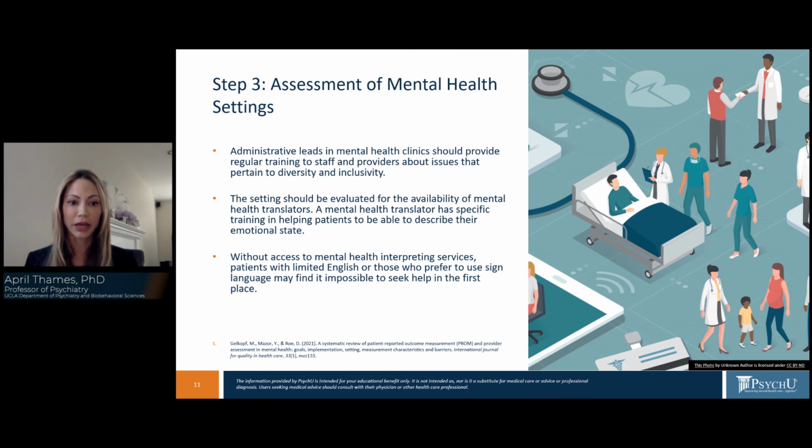We also should think about the setting, whether or not there's availability of mental health translators. We do not want the patient's family to serve as the translator. This is not the way that we should be providing services.